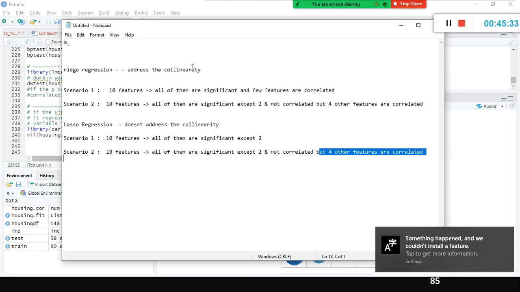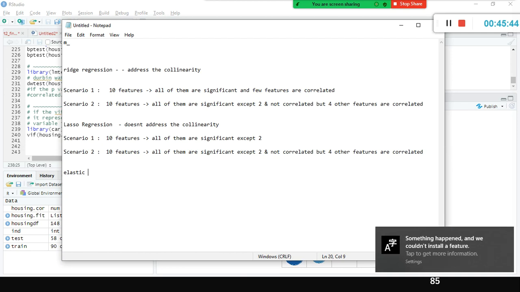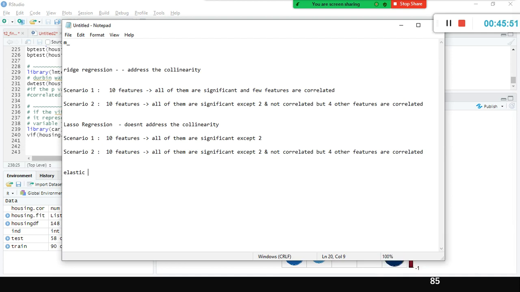But here with ridge it is the opposite. It addresses the collinearity, but it is not doing the feature selection. So that's the reason they developed something called elastic net. It is a hybrid of both ridge and lasso regression. It addresses the collinearity and also does the feature selection.